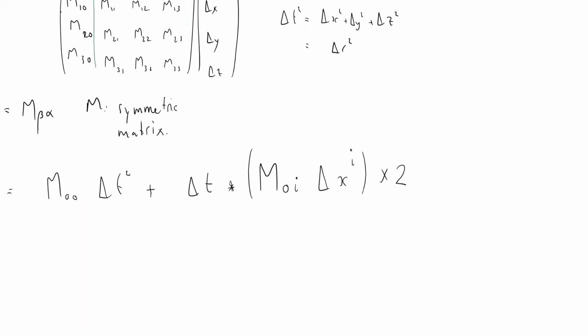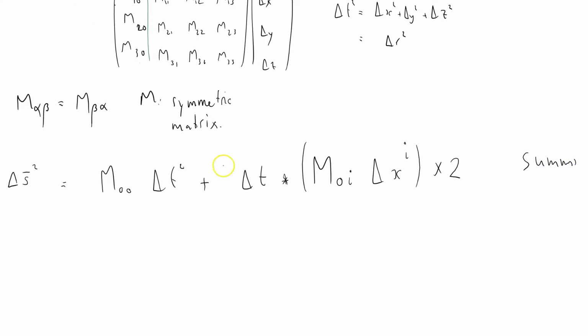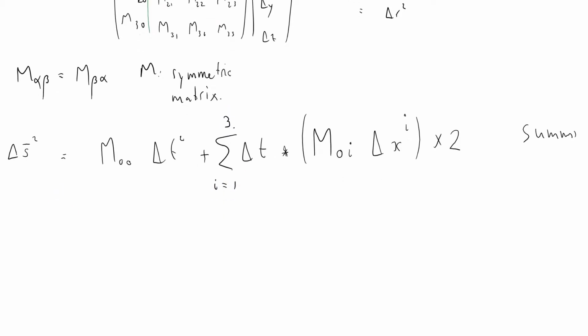You'll notice here I'm summing over i. Actually, why not just write it in explicitly? Summing from i equals 1 to 3. I'm quite often using the notation that Roman letters like i and j sum from 1 to 3, and Greek letters sum from 0 to 3, sometimes from 1 to 4.